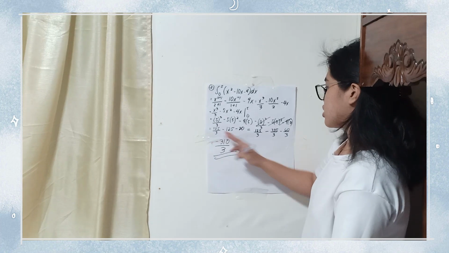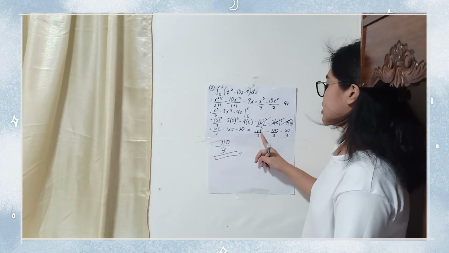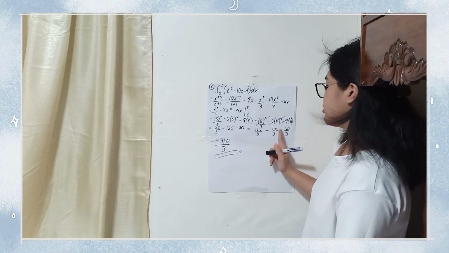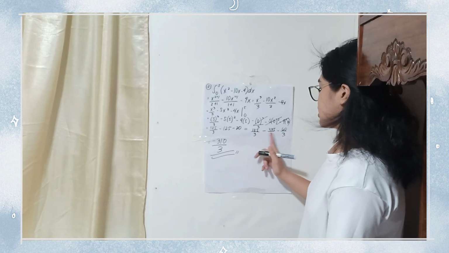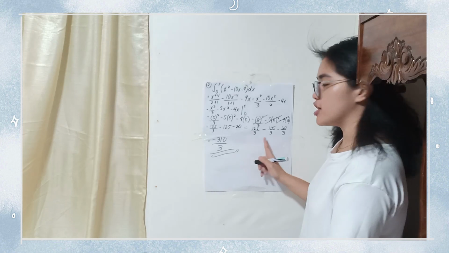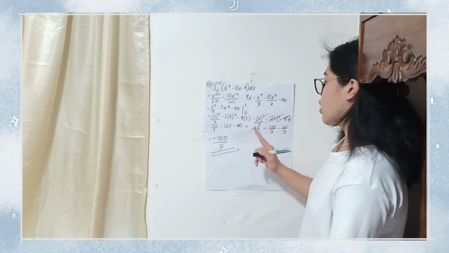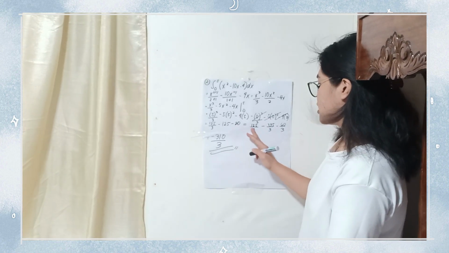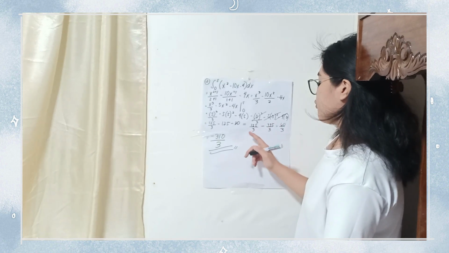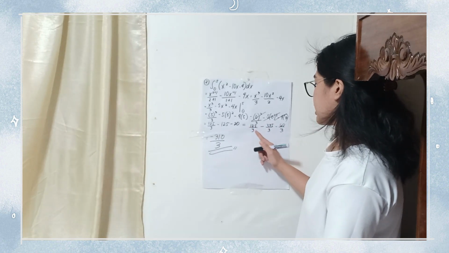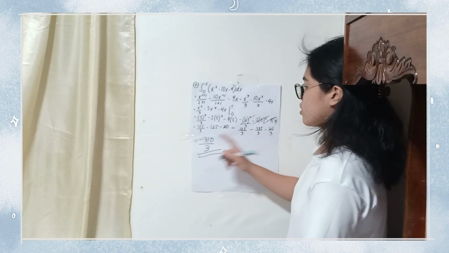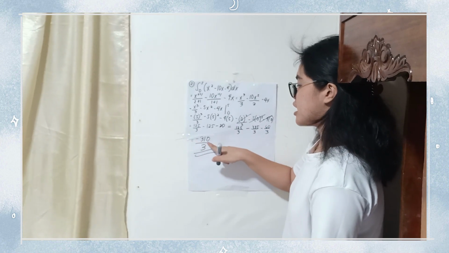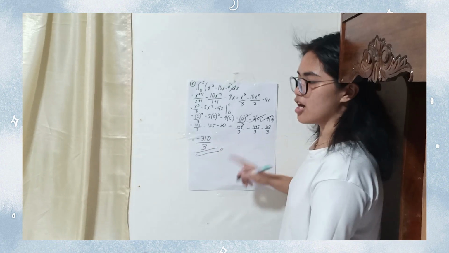From this one, it will become 125 over 3 minus 375 over 3 minus 60 over 3. As we can see here, they have the same denominator, so we can subtract. If we subtract 125 over 3 minus 375 over 3 minus 60 over 3, it will become negative 310 over 3. So this is the final answer.